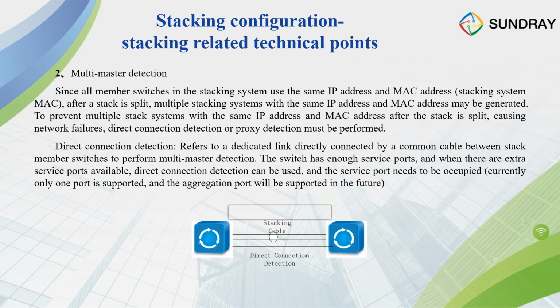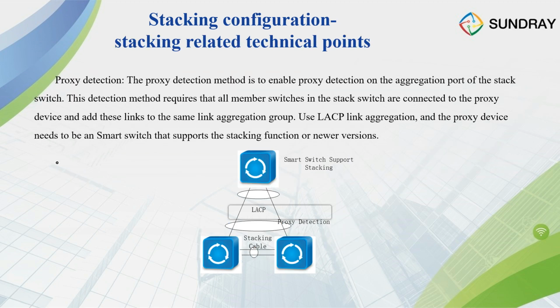So we recommend using multi-master detection. The first method is direct connection detection. We use a cable to connect the two devices, so even if the stacking cable is broken, we have another cable, and through this cable we can check which should be the master. Another way is proxy detection.